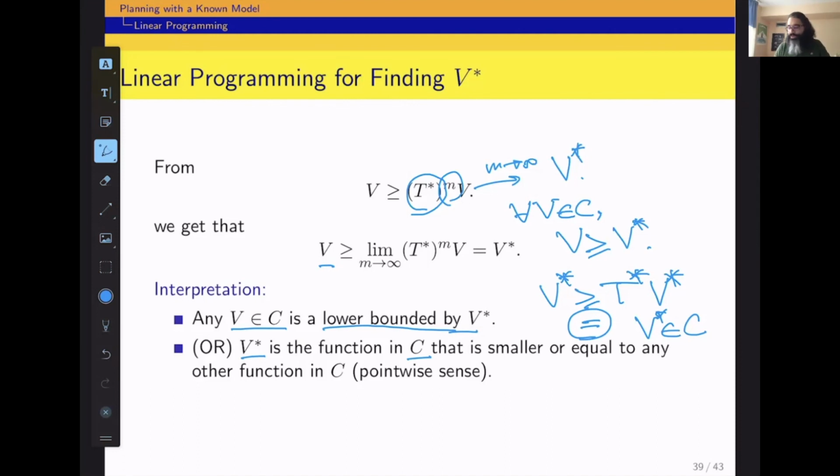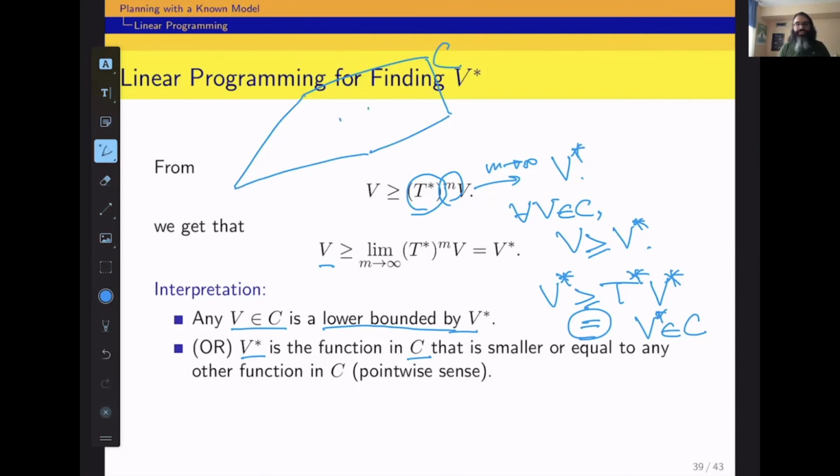So maybe I should draw some sets. Suppose this is the set C, and all points here satisfy that inequality.